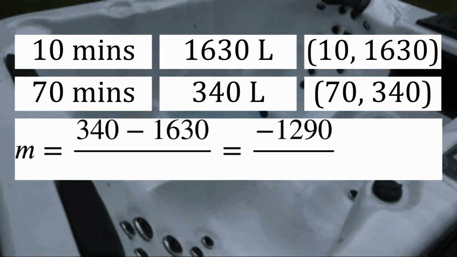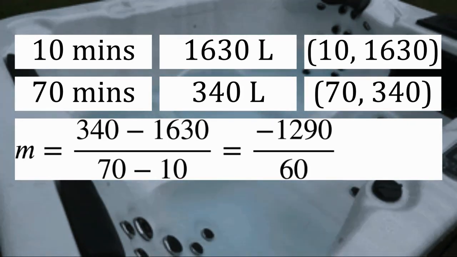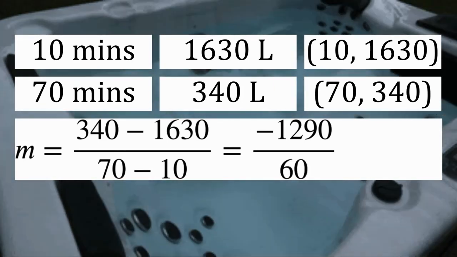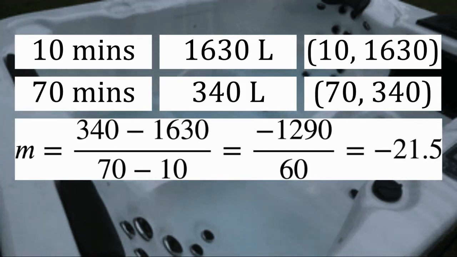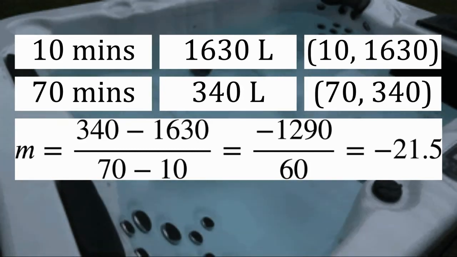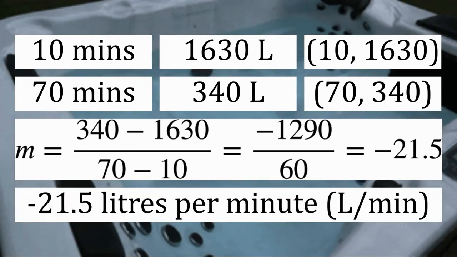And the difference in minutes is 70 subtract 10, which equals 60 minutes. Negative 1,290 divided by 60 equals negative 21.5. This slope or rate implies the water emptied the hot tub at 21.5 liters per minute.